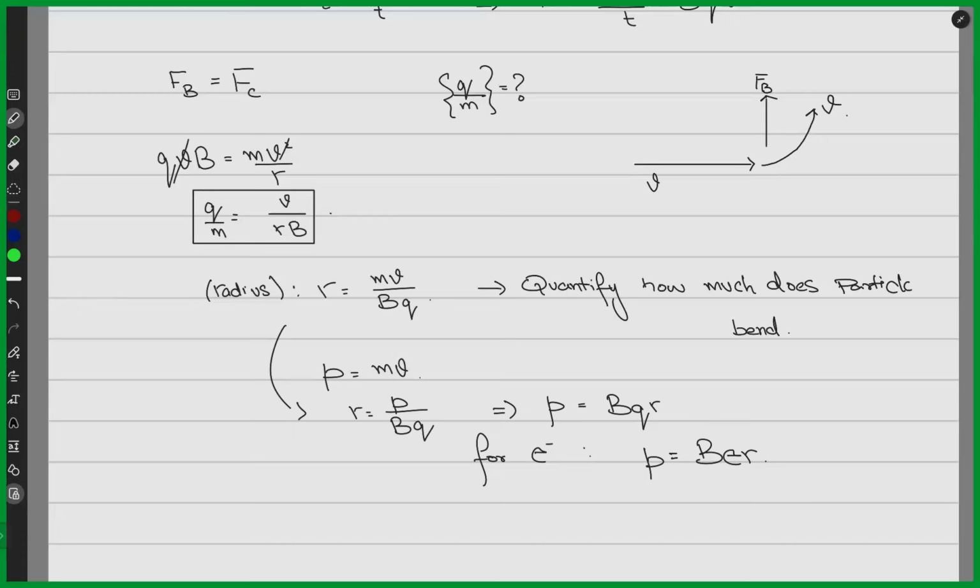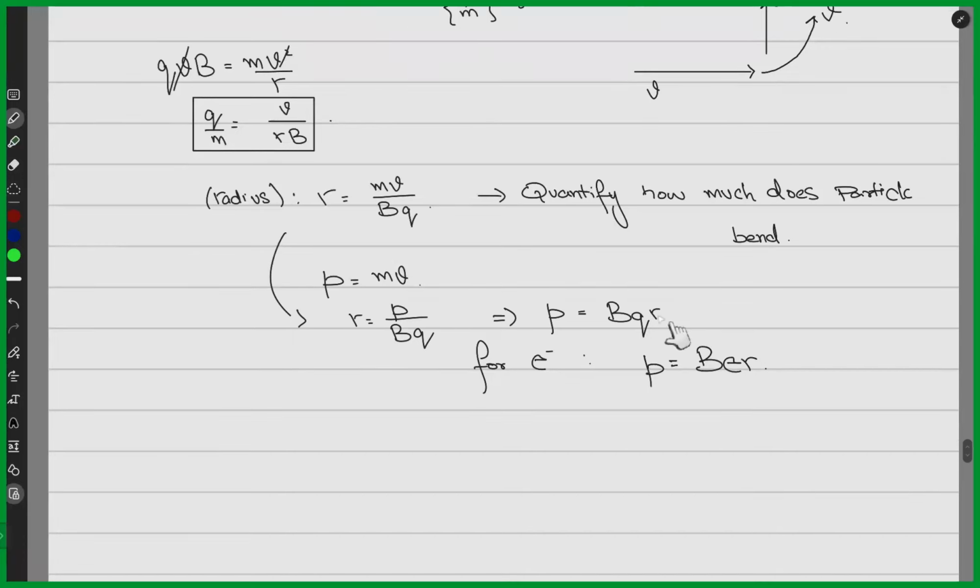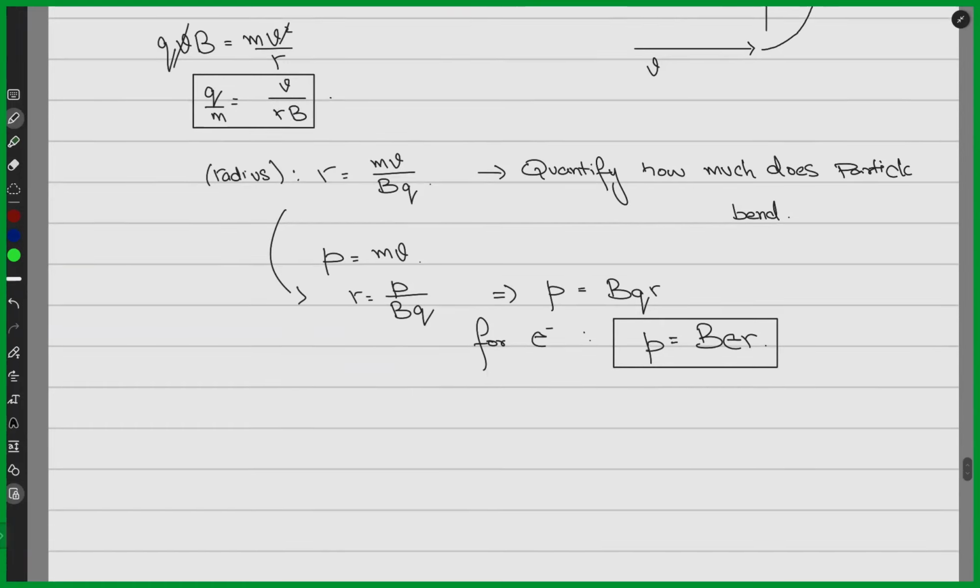Let me just box this one up. Let's come back to this equation. Here we see that because the charge to mass ratio is a constant for a particular particle, if it's an electron, it will be a constant, because neither the charge on an electron nor its mass changes.